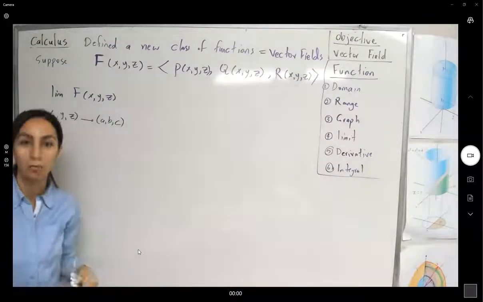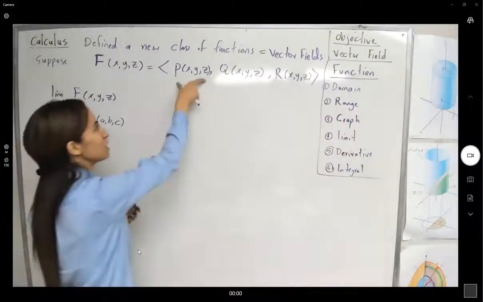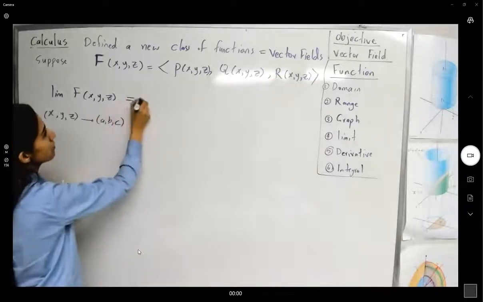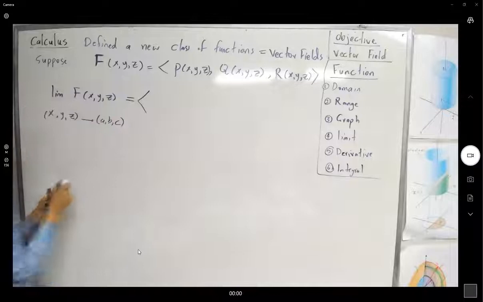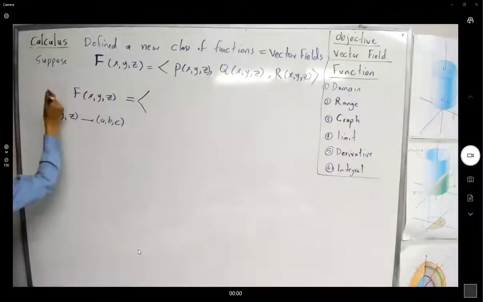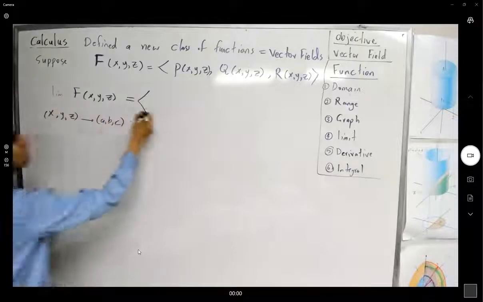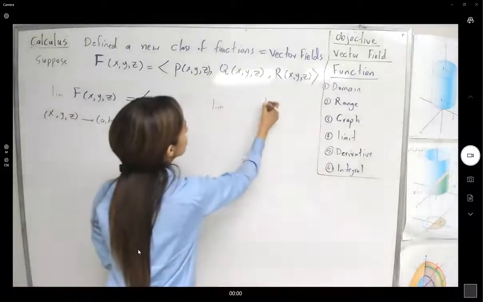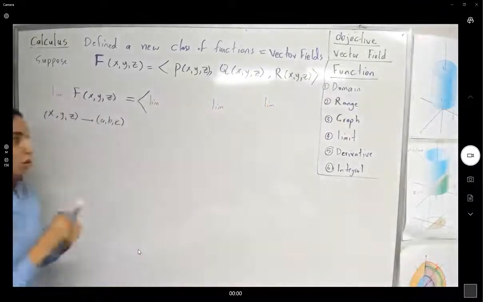Nothing too complicated, just taking the limit of each of these components. So this is equal to, let me use a different color to differentiate between these, the limit of p, the limit of q, and the limit of r.